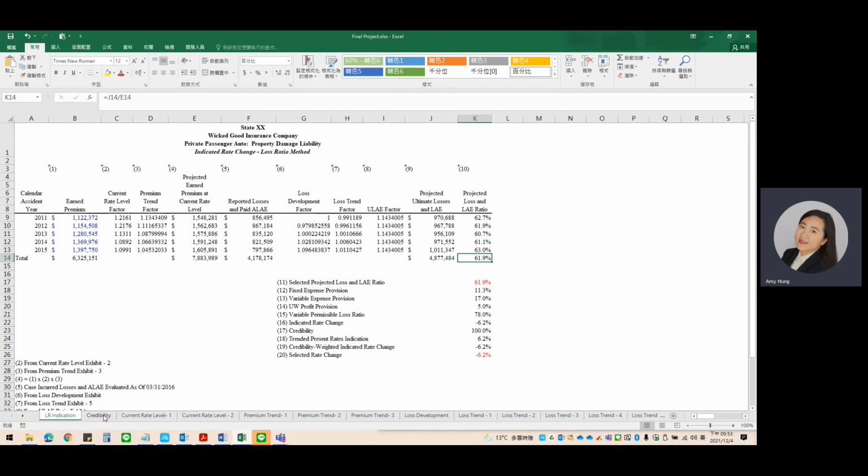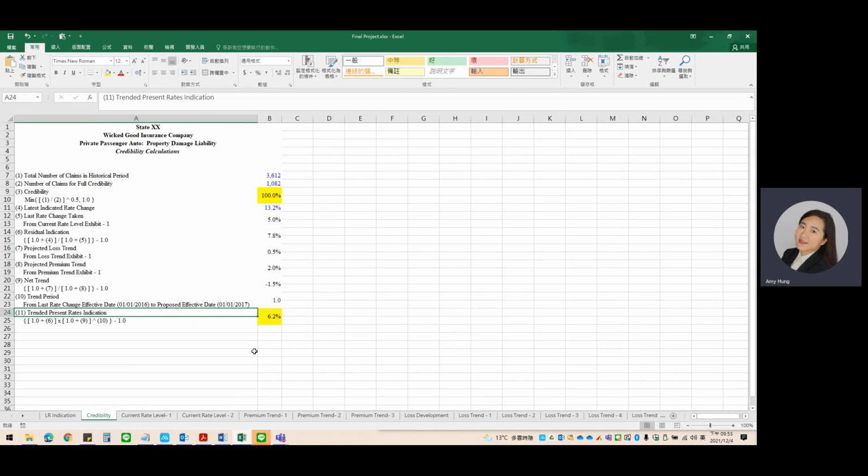Next, this sheet derives the credibility measures and the complement of credibility to be applied to the experience period indicated rate change using the classical credibility approach and the square root rule.